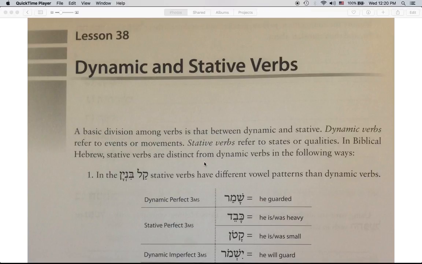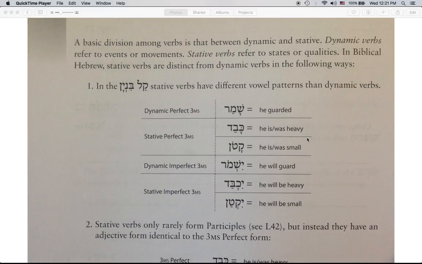Lesson 38 is all about the difference between dynamic and stative verbs. Dynamic verbs refer to events or movements, such as I ran or I hit, and stative verbs refer to states or qualities. And this has to do with things like I am large or I am tired. And in Hebrew, unlike in English, verbs are spelled in specific ways.